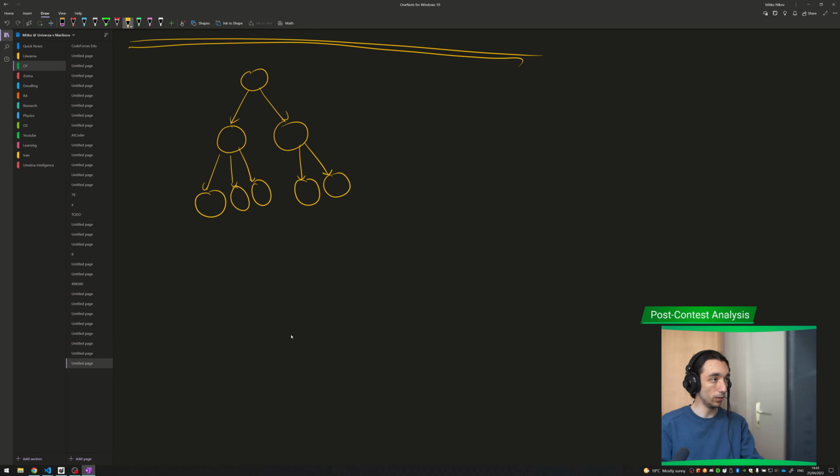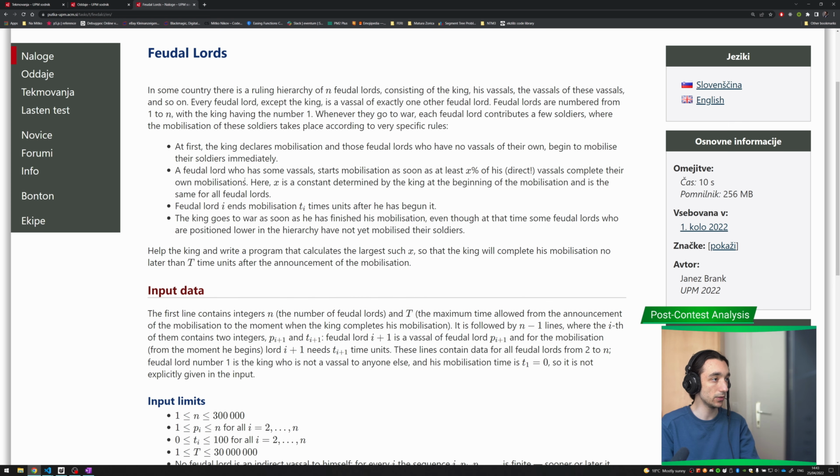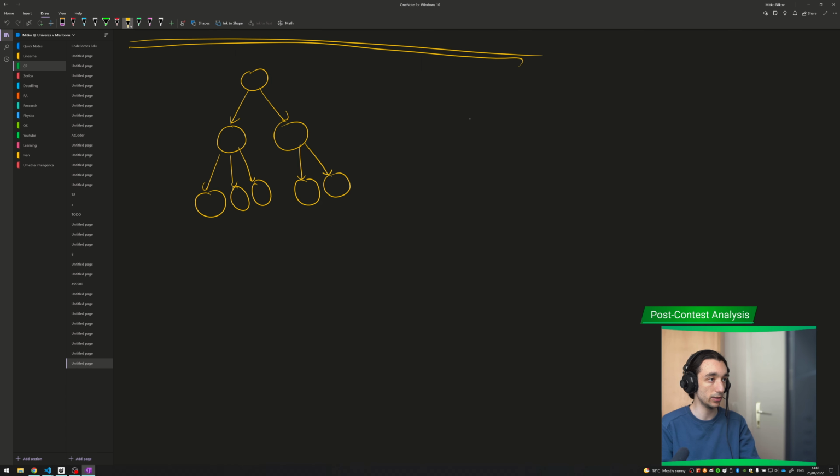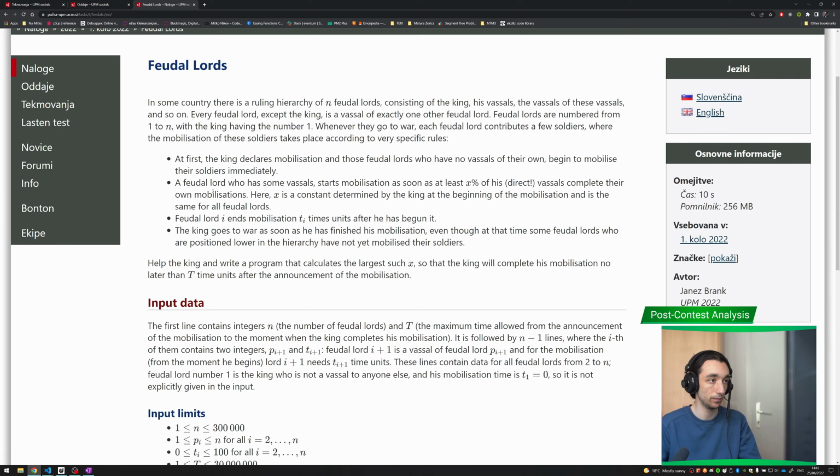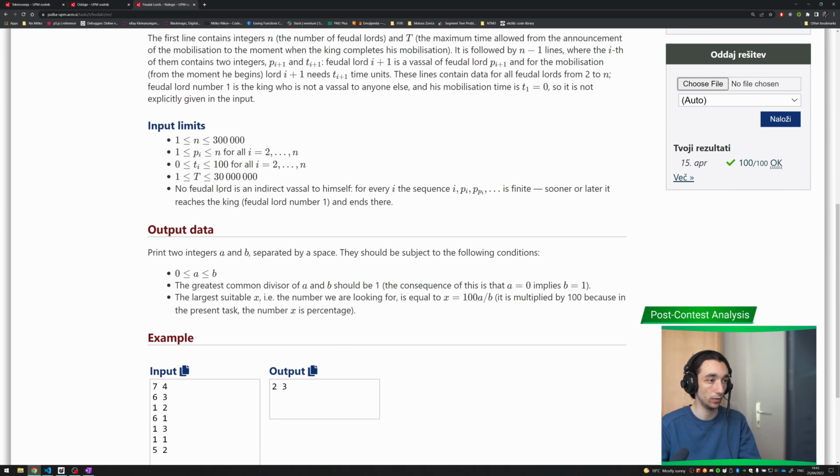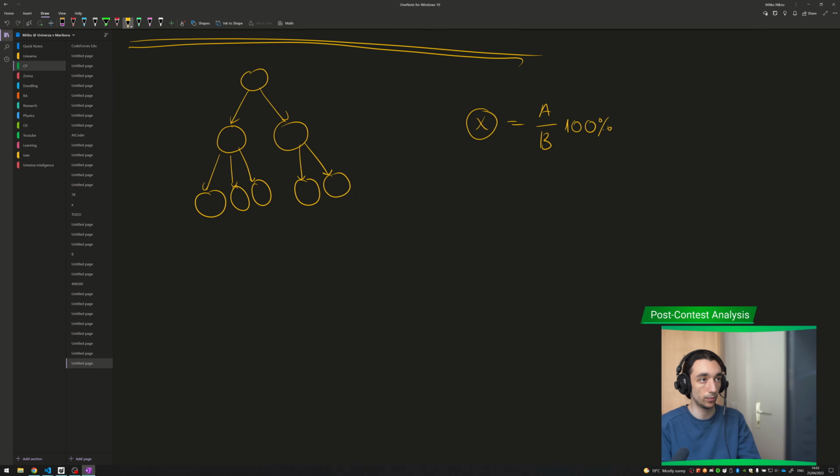Okay, this problem is about, okay, you have some x values, it's a constant, which for each constant is just like a percentage, so a divided by b times 100%.